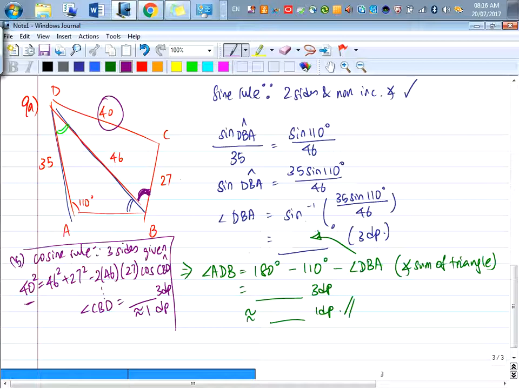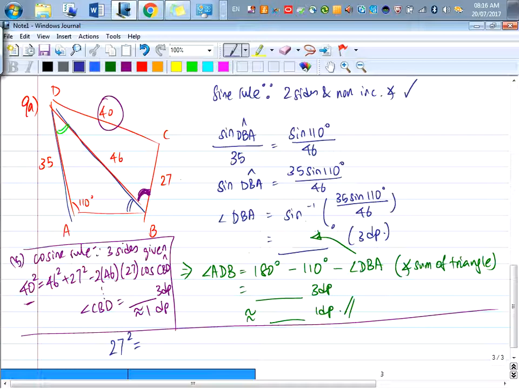So, any of you curious what will happen if I start off with maybe 27 square? Let's see what happens if I start with 27 square. So if I apply my cosine rule with 27 square, what comes next?